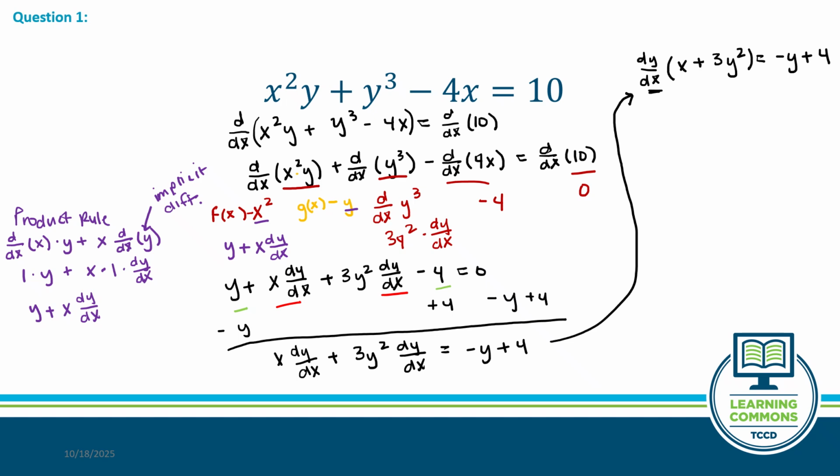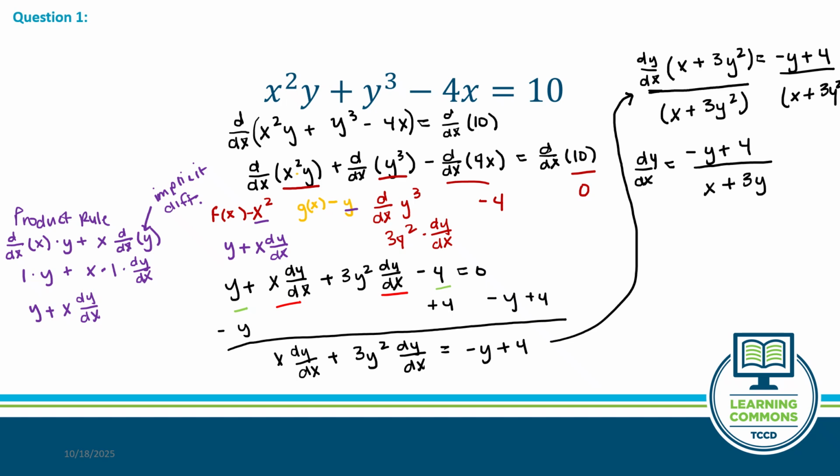I'm left with this. So now I want it by itself. I'm going to divide by x plus 3y squared on both sides. Therefore, dy dx is -y plus 4 all over x plus 3y squared. And that'll be your answer.